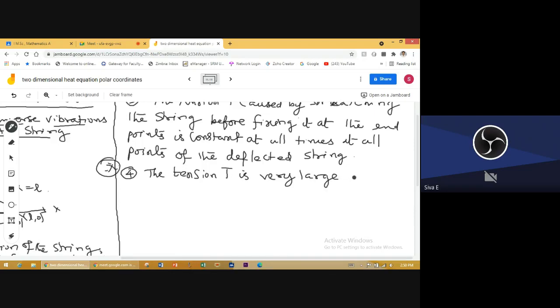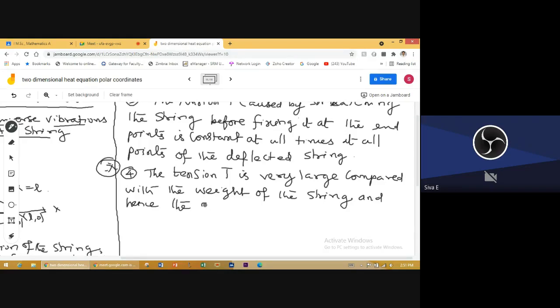The tension T is very large compared with the weight of the string, and hence the gravitational force may be neglected.